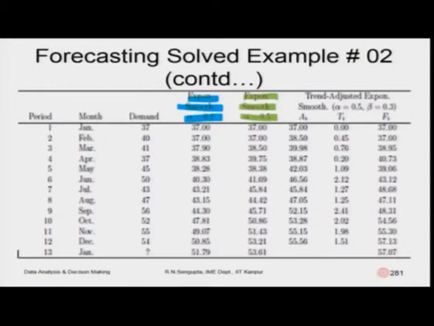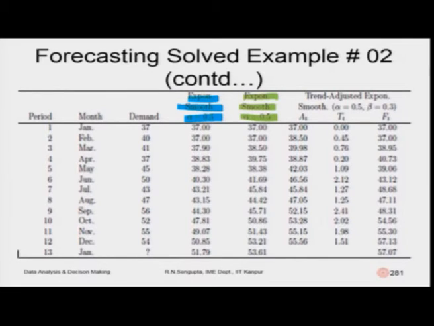Now, in the trend adjusted exponential smoothing process, we need to find out the trends and the fluctuations. The trends and the fluctuations are technically the values based on which we find out At and Tt. So, A naught, sorry, my mistake, T naught would be given as 0 and A naught would be given the actual value on time period 1, which is 37, and f1 would also be 37, because t naught is 0.